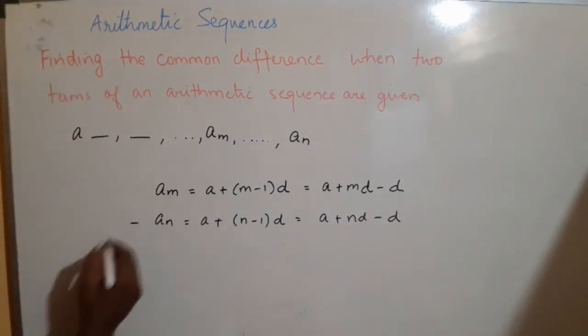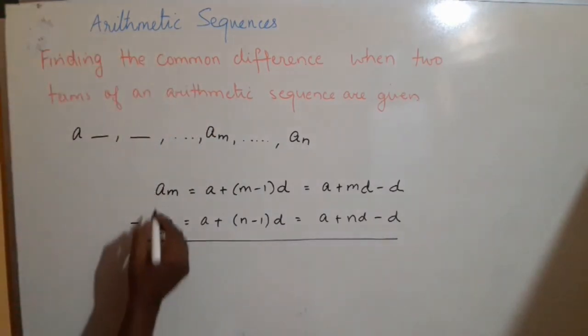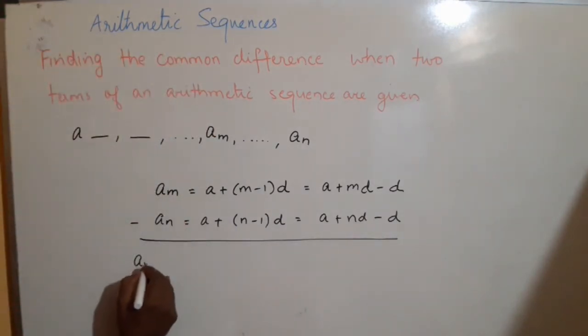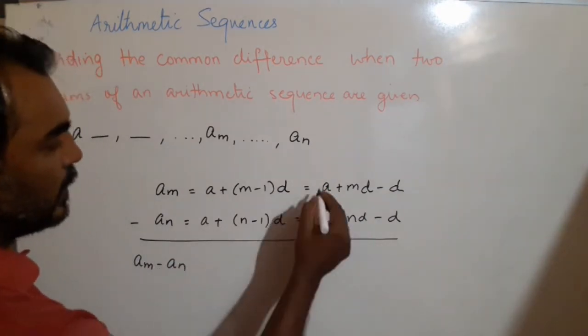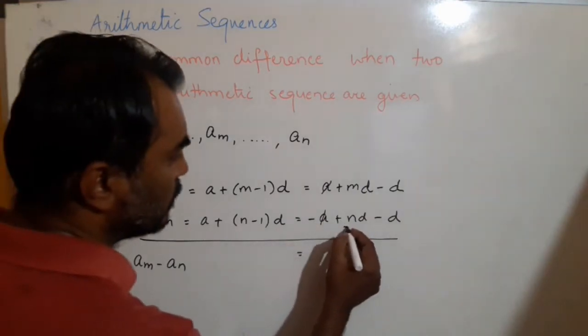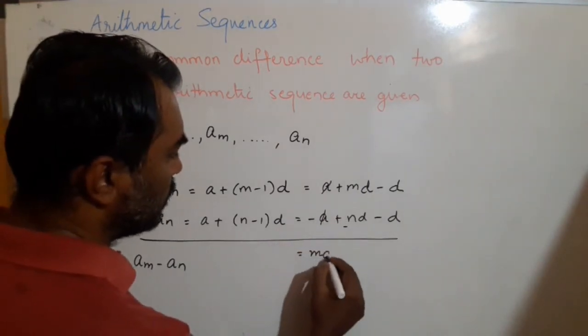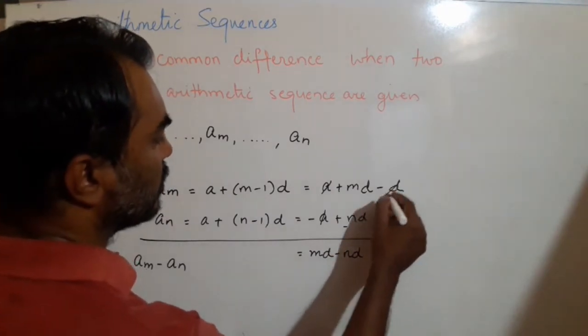Now if we subtract the nth term from the mth term, what do we get? On the left side we get am minus an, and here we get a minus a, which gets cut off, md minus nd, and minus becomes plus, and this gets cut off.